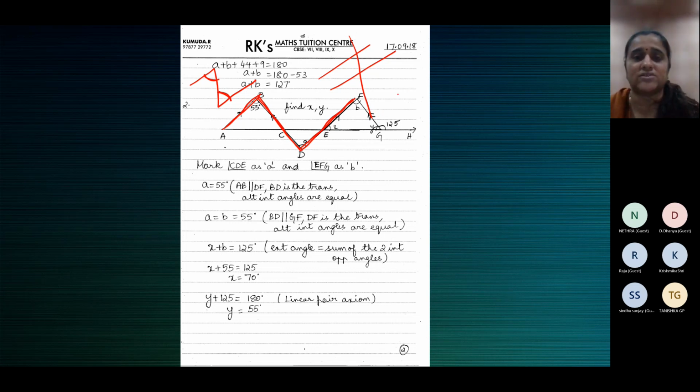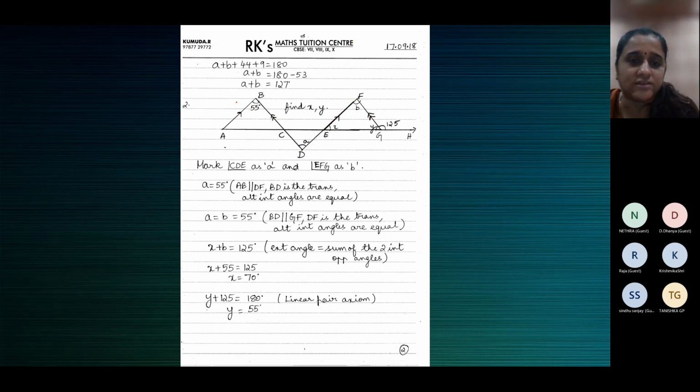When we say alternate interior angles, both are interior angles, and they're formed on either sides of the transversal. So see here, if you produce this line, and produce this transversal.